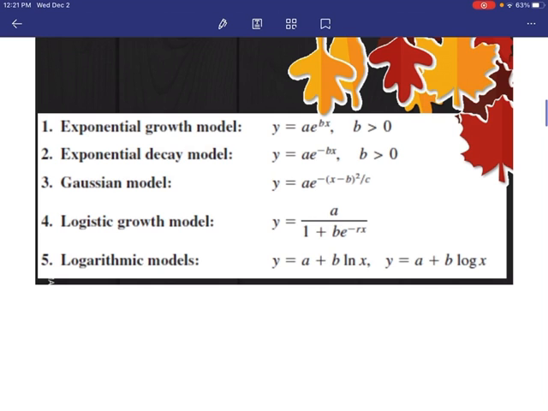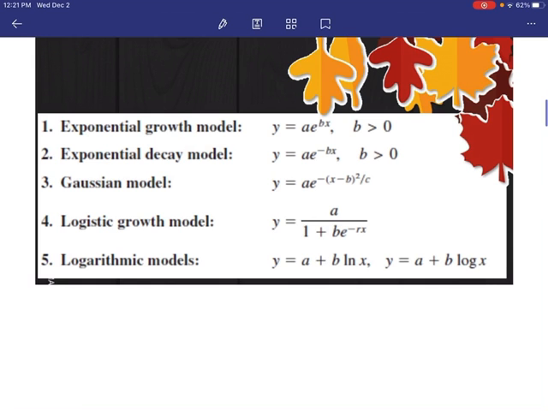Our exponential decay model still has a base of e, but now your exponent is going to be negative, which, remember, horizontally reflects our graph, which means that it'll be decaying or decreasing instead of growing.